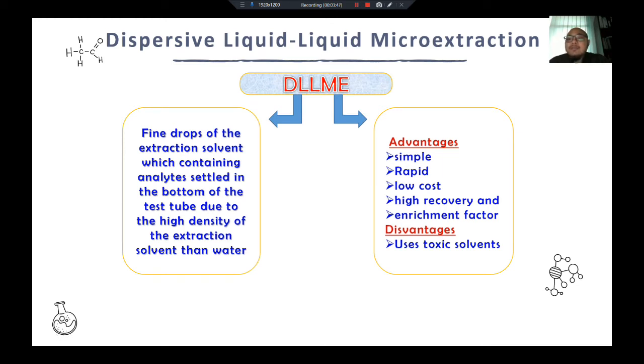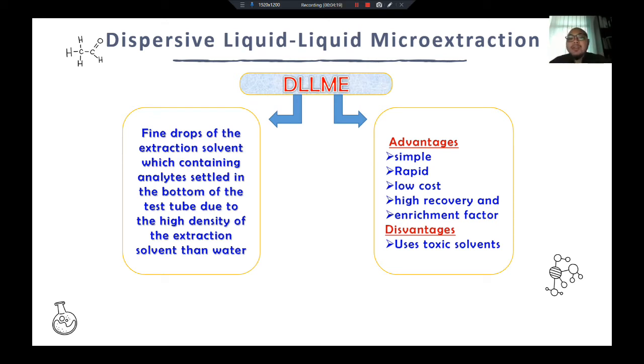You need sample preparation: you need to filter first, and only then can you perform the dispersive liquid microextraction. If not, you have some undissolved solids or impurities. The problem is that in normal DLLME the extraction solvent sediments at the bottom, so we don't want it to mix with the undissolved impurities.